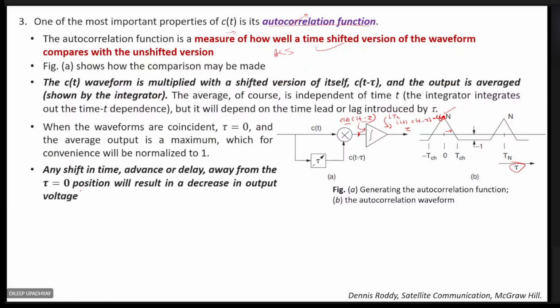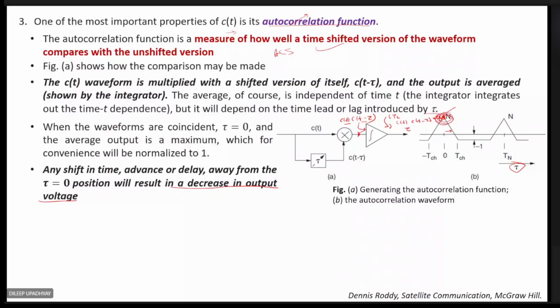So any shift in time, advance or delay, away from the tau equals 0 position will result in a decrease in the output voltage because the dissimilarity increases. But if tau is 0, then there is maximum similarity because c(t) and c(t minus tau) will be the same, and for that the autocorrelation function is maximum.